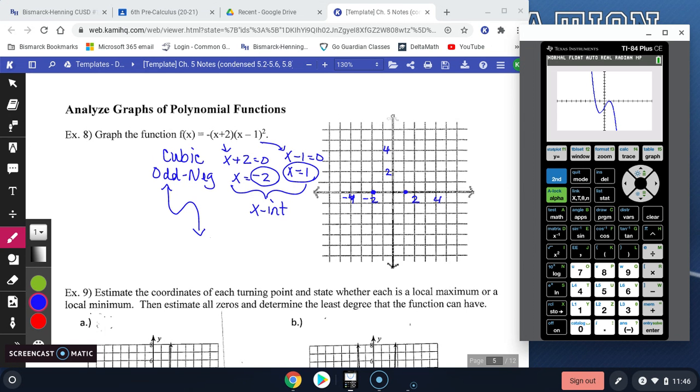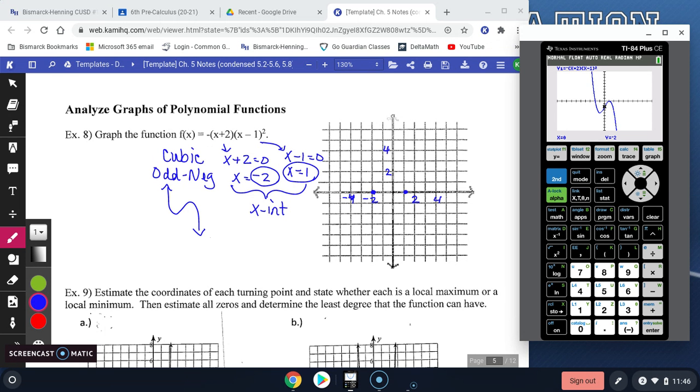And then if we hit trace, you will see if we go to -2, there's that point, -2, 0 that we already had. And then also 1, 0, there's another x-intercept, and we already had predicted that because this equation was in factored form. So I'm just going to use a couple other points to sort of orient my graph.